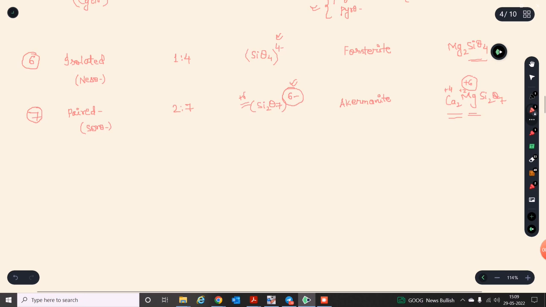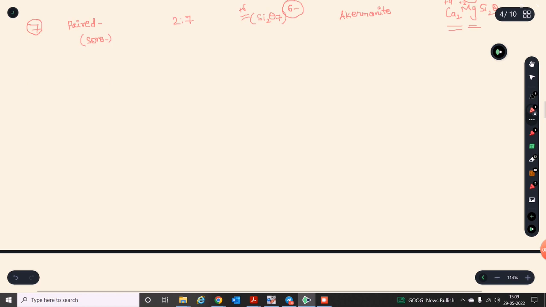So yeah, this is it as far as silicate mineral subclasses are concerned. Then we will focus on more classification of silicates. We will look at them one by one. Just a second, I will start from the page only. So basically, when silicates were classified, they were classified depending upon the degree of polymerization of the SiO4 tetrahedral units.